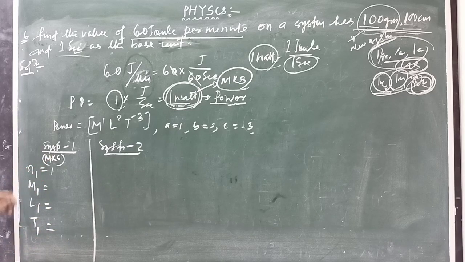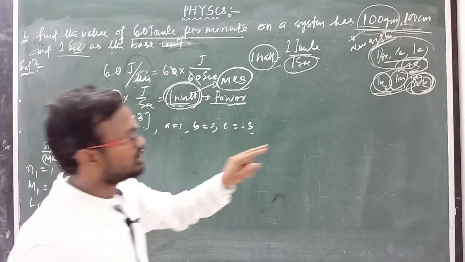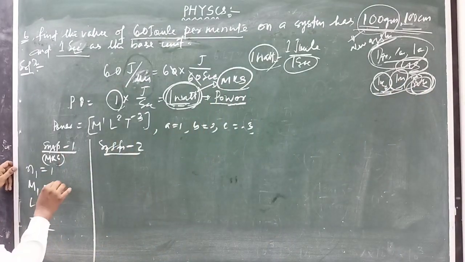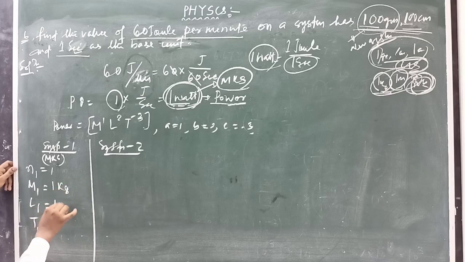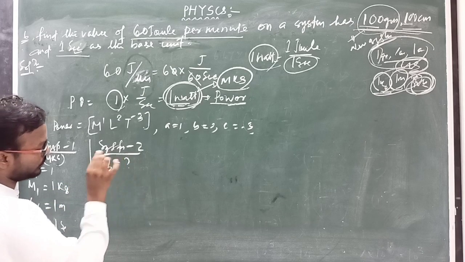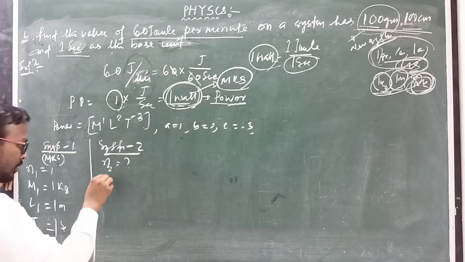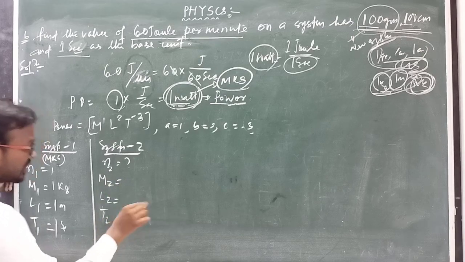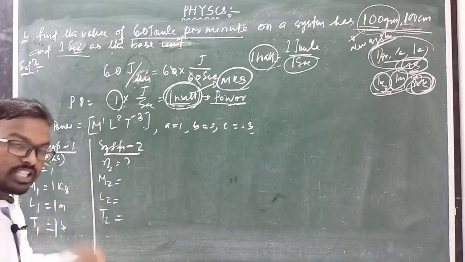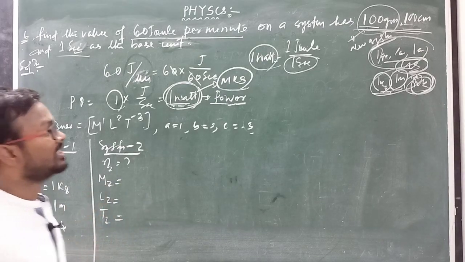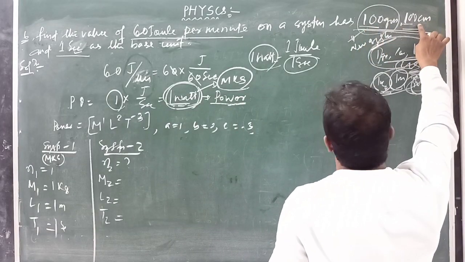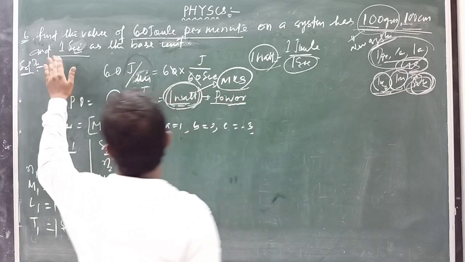In the MKS system the base units are kilogram, meter and second, so you can write 1 kg, 1 meter, 1 second. But we have to find n2 and M2, L2, T2, the new system of units which possesses mass equal to 100 gram, length equal to 100 centimeter and time equal to 1 second.